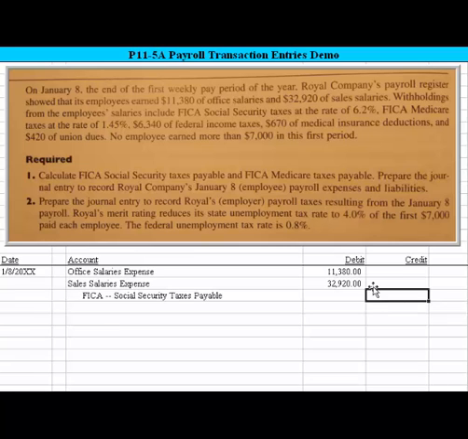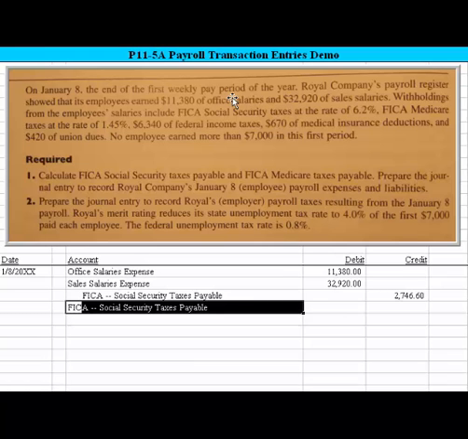So let's take the total amount of payroll, which is that dollar amount there, right? $44,300. Now let's multiply that times the 6.2% FICA Social Security tax amount, and that is the dollar amount of credit we need to show.